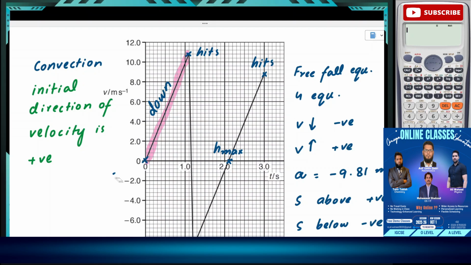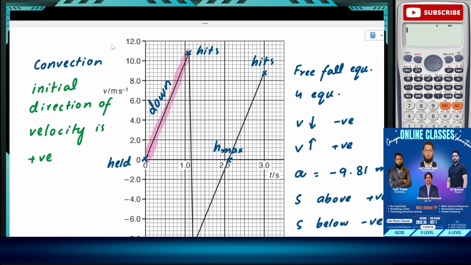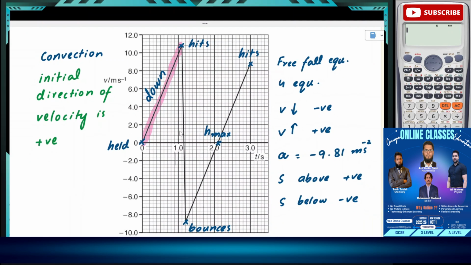Initially, you can also say this is a point when the ball was held at the height initially, at the maximum height, but it was held there before the motion started. This point is not included in the graph. From here all the way down here, this thing is not part of the graph. This vertical line is not part of the graph. So matter of fact, they should draw it as a dotted line.